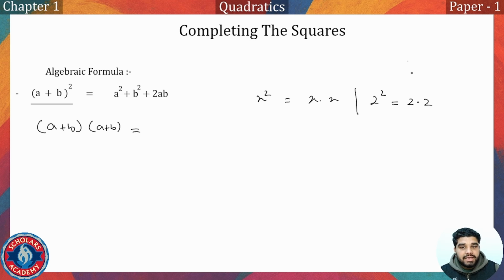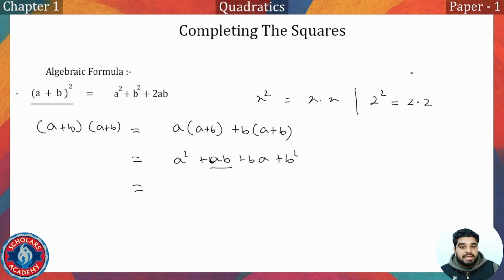So this can be simplified as a times a plus b, plus b times a plus b. This can be written as a square plus ab plus, sorry, not b square, plus ba plus b square.